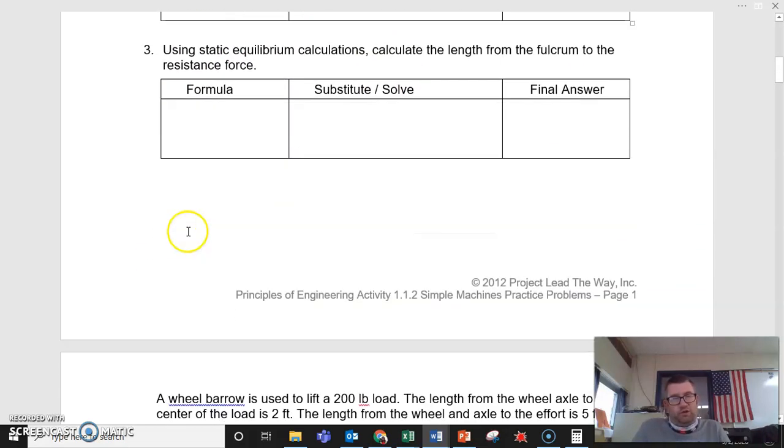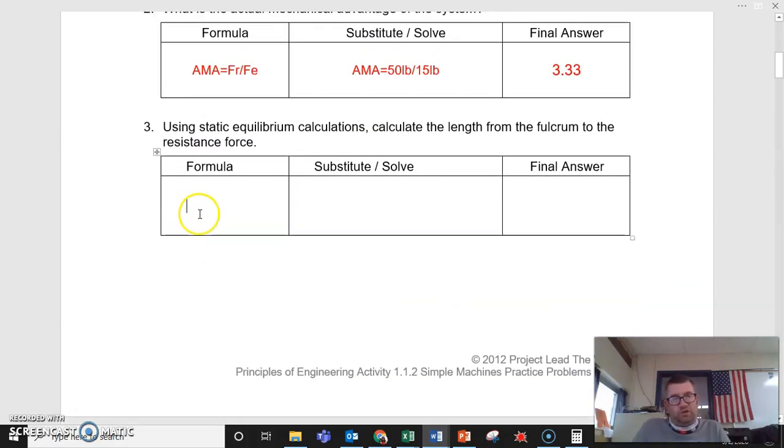So we can jump down now to using static equilibrium calculations, calculate the length from the fulcrum to the resistance force. This is a simple kind of cross-multiply equation. Remember, if you have static equilibrium, everything is still.